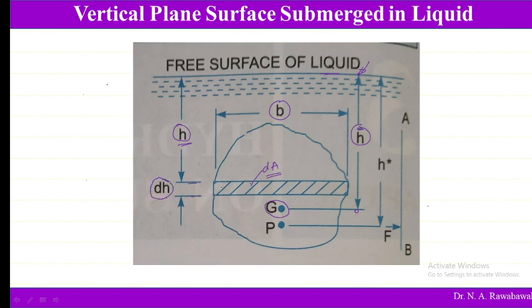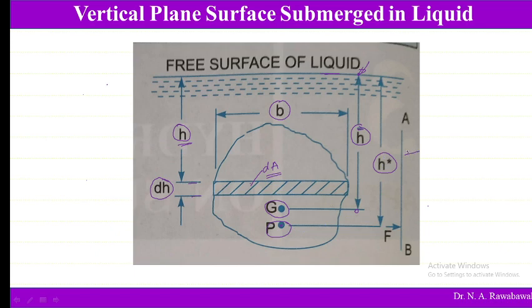Now this point P is the point where the total pressure acts, and let it be at a distance of h star from the free surface.